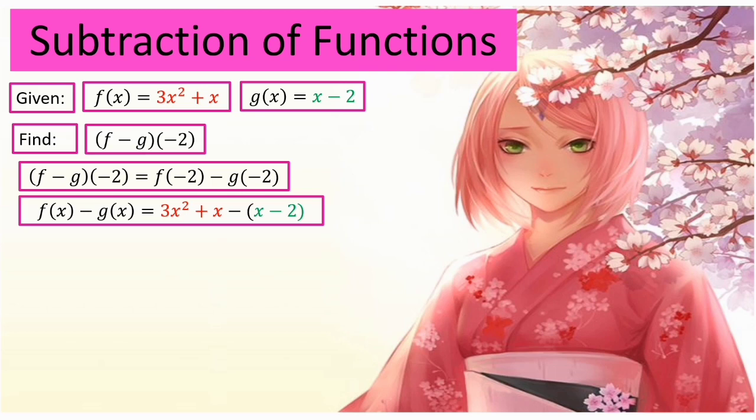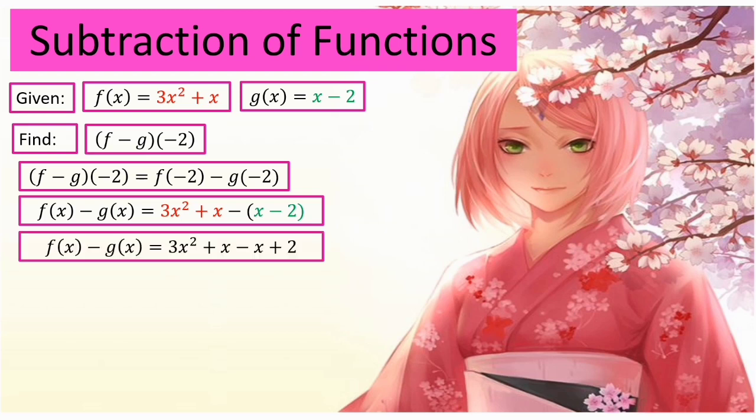Kung titignan nyo, class, hindi ko muna nilagay yung value ng x natin na negative 2. Kailangan ko munang i-combine yung f of x natin sa g of x using subtraction. So, f of x minus g of x is equal to 3x squared plus x minus x plus 2.